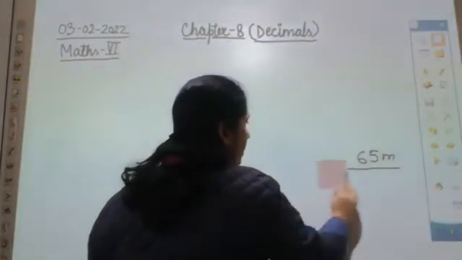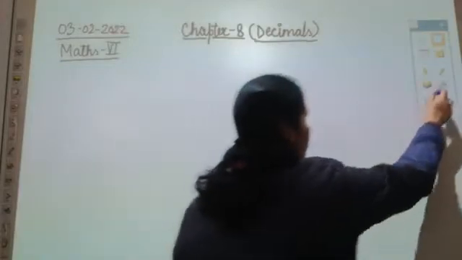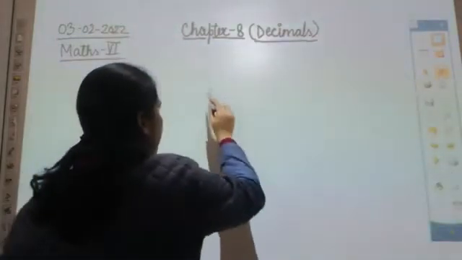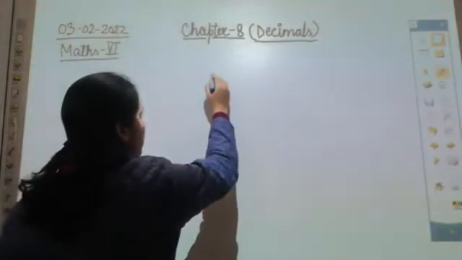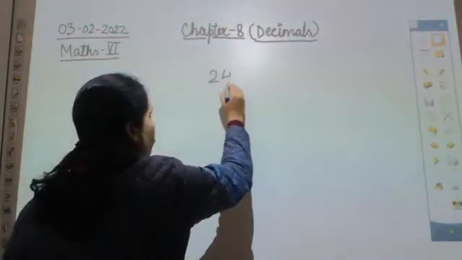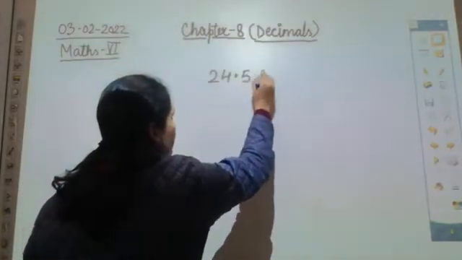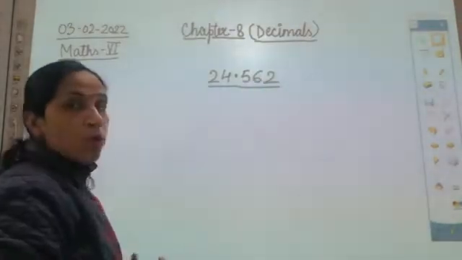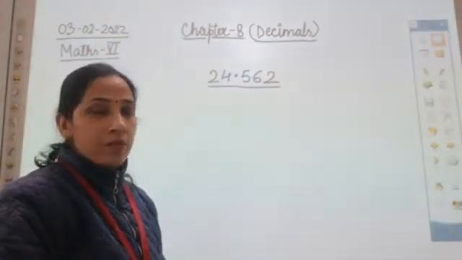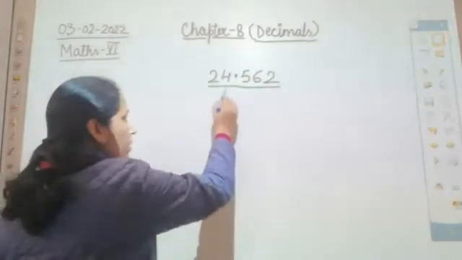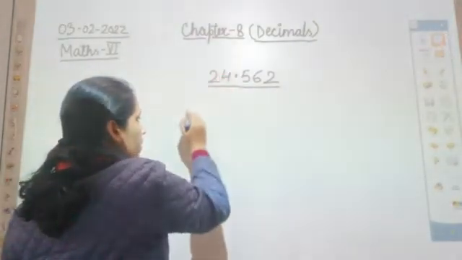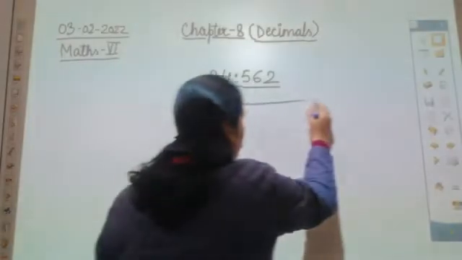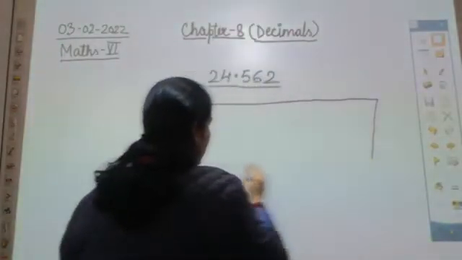In decimals, the whole number part which we have before the point has the same place values as before. Like for example, you have been given 24.562, I am taking only an example. If this number is given to you, you are going to make the place value chart.